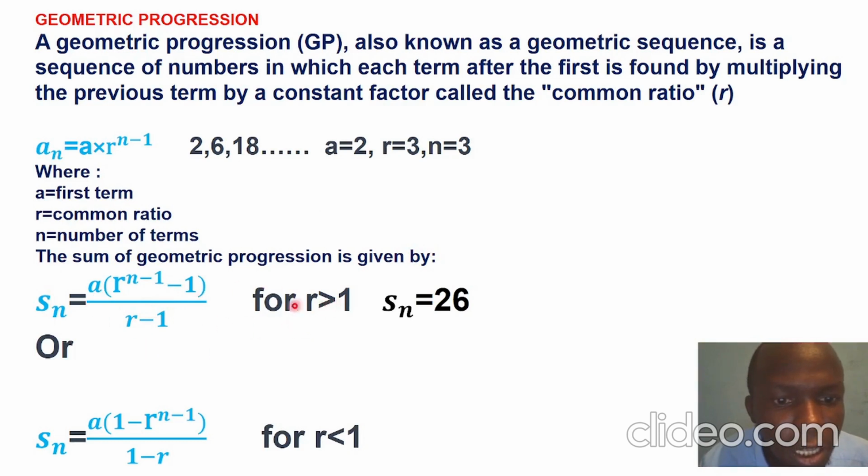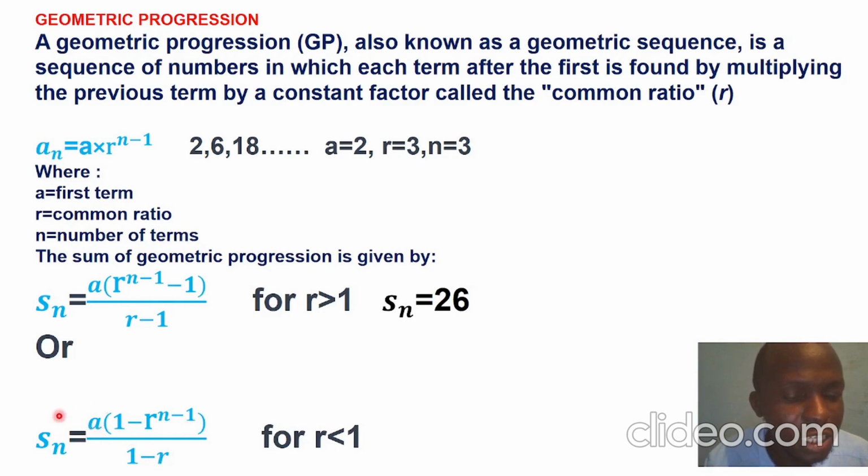But here there are two conditions. Condition number 1: this formula is used when the value of r, the common ratio, is greater than 1. Then what happens? r to the power n minus 1, over r minus 1, is multiplied by a. When the value of r is less than 1, then we say 1 minus r to the power n, over 1 minus r.